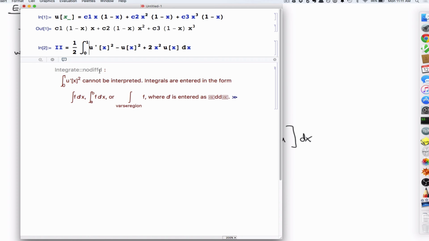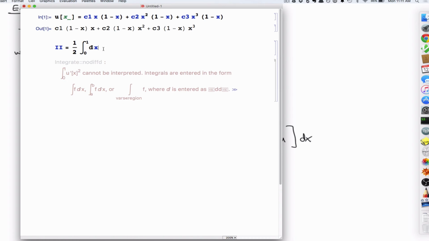Okay, what happened? There we go. That should work.